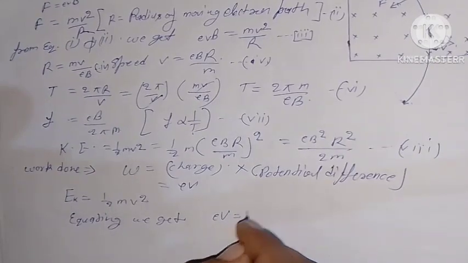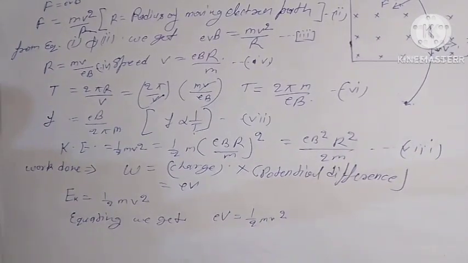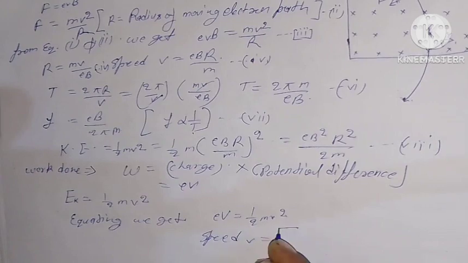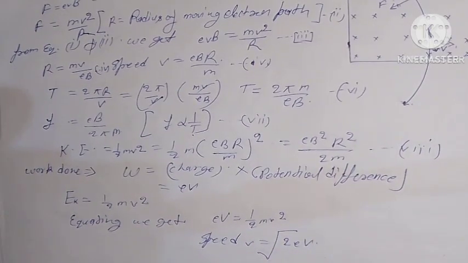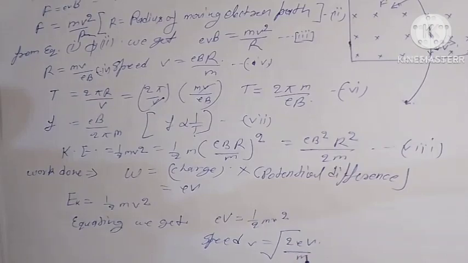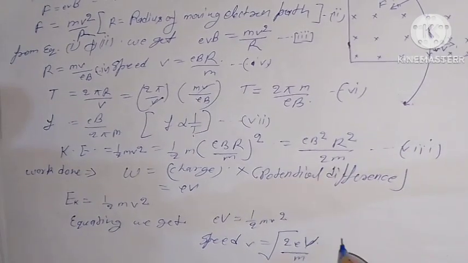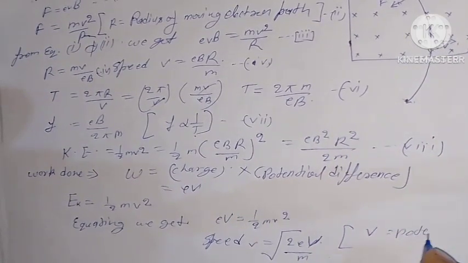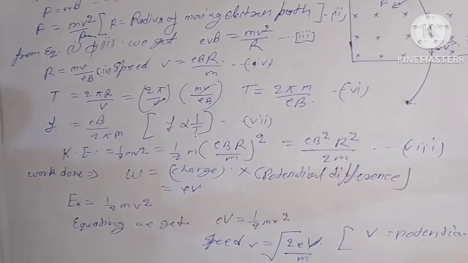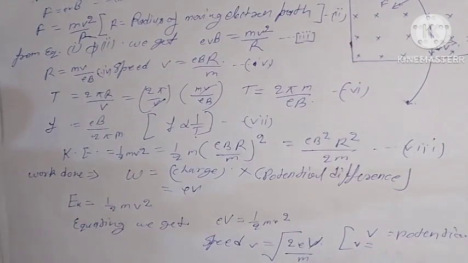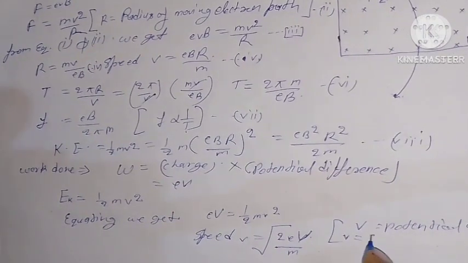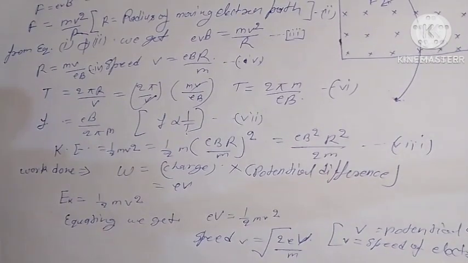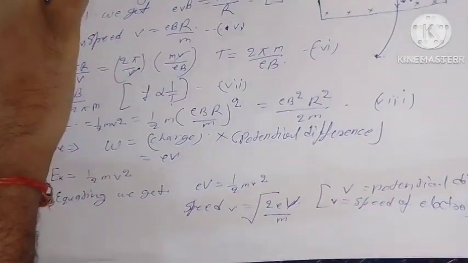eV equal to 1 by 2 mv square, then speed v equal to under root of 2eV by m, where capital V is the potential difference and small v is the speed of the electron.